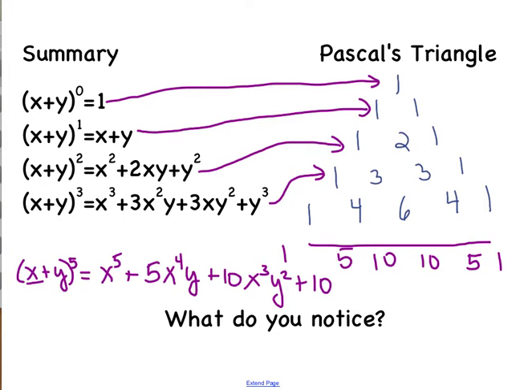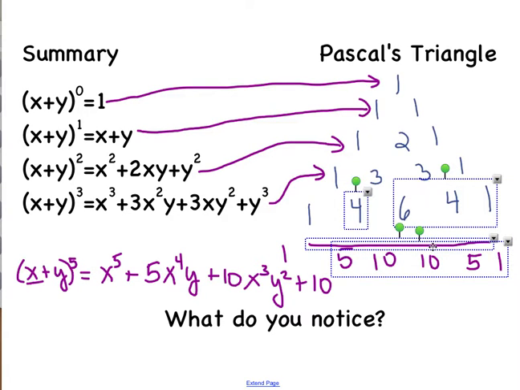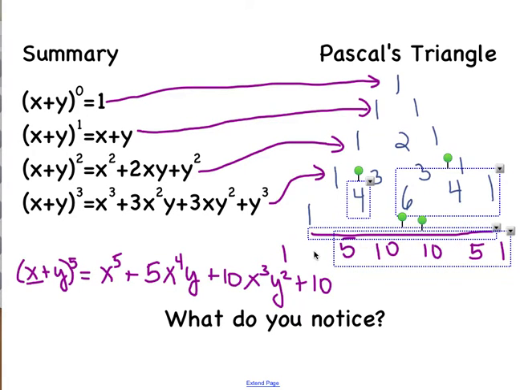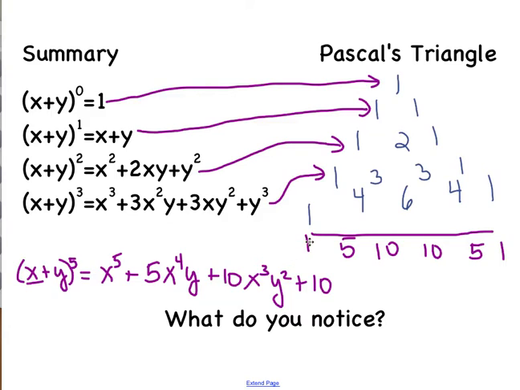I think I'm going to move this out of the way a bit. Okay, and my exponent on the x is going to decrease by 1, and the exponent on the y is going to increase by 1. The next number is 5.